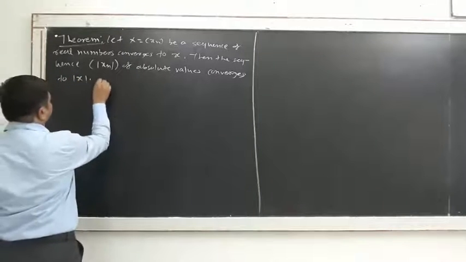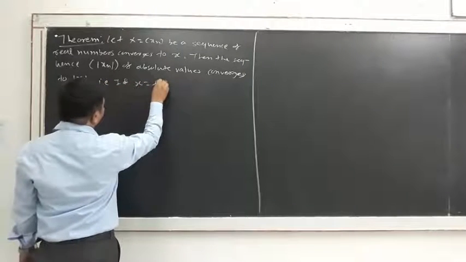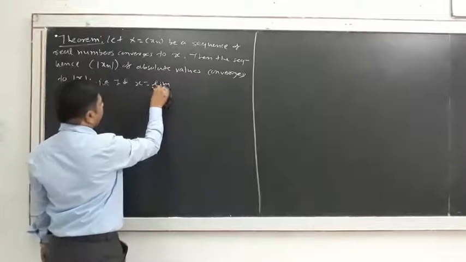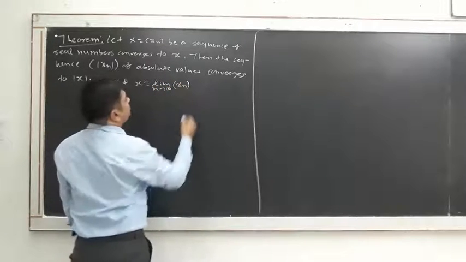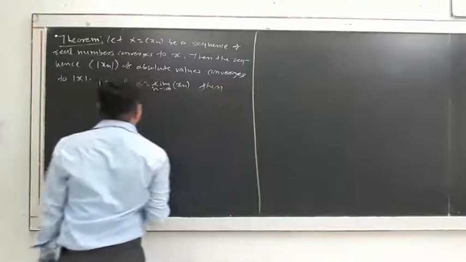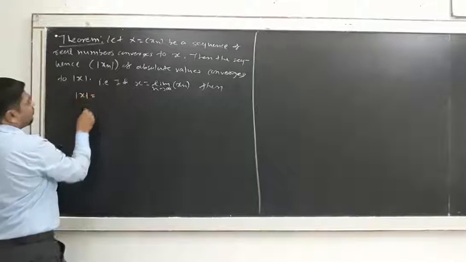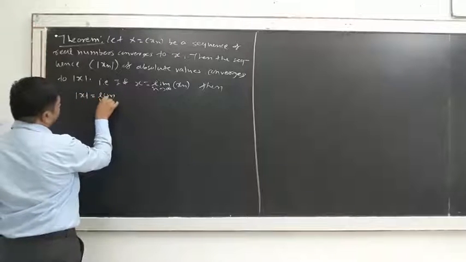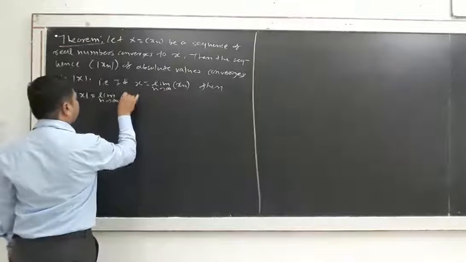That is, if x = lim n→∞ xn, then we have to prove |x| = lim n→∞ |xn|.